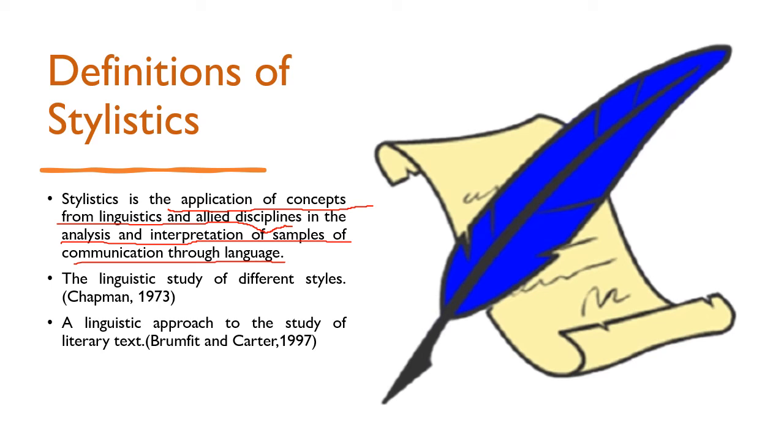Also, stylistics is the linguistic study of different styles. There are various styles that authors or writers use when they express their messages through literature, so stylistics also deals with those styles.